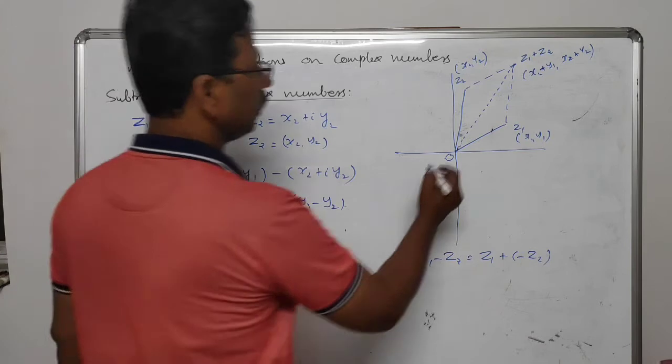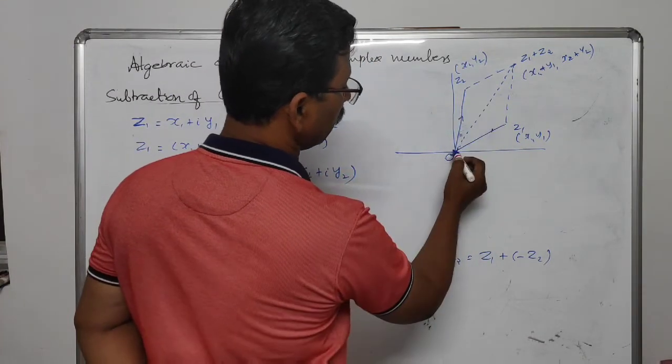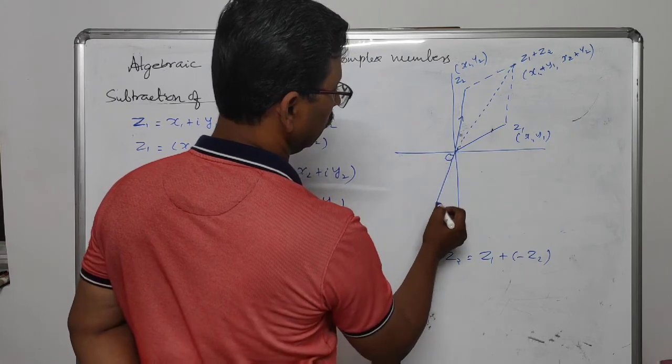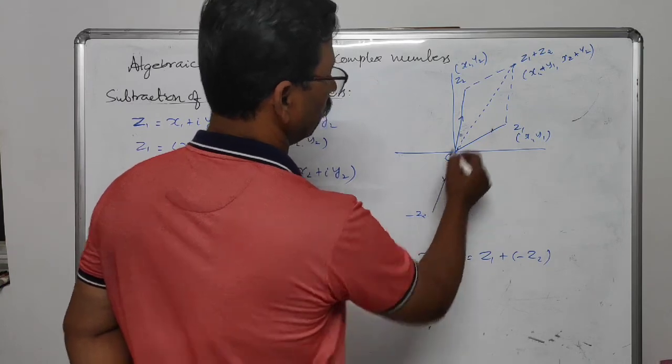Now, if you consider this as a vector, this is vector 1. Suppose you draw in the opposite direction, then this will be minus Z2.